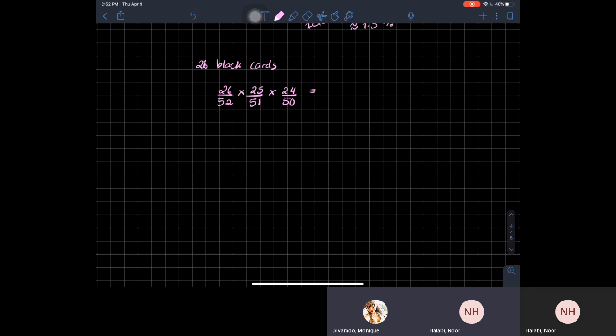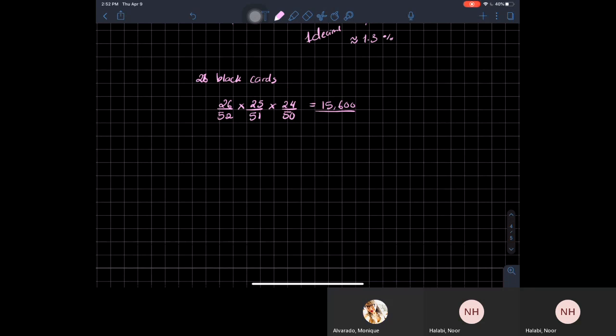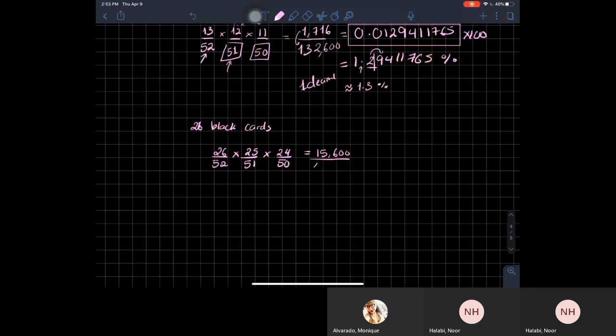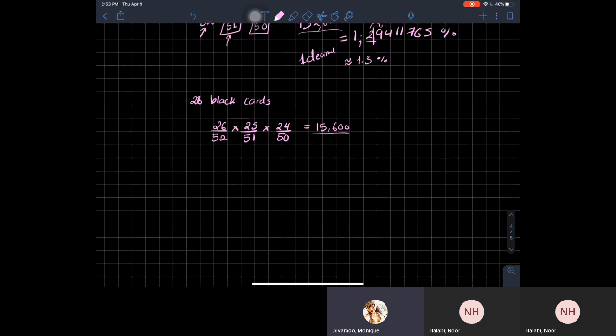So now we still have to give them the unsimplified fraction. So do you want to tell me what the unsimplified fraction would be? Yes, let me put it in my calculator. 26 times 25 times 24 is 15,600. And for the bottom part, 52 times 51 times 50 is 132,600.